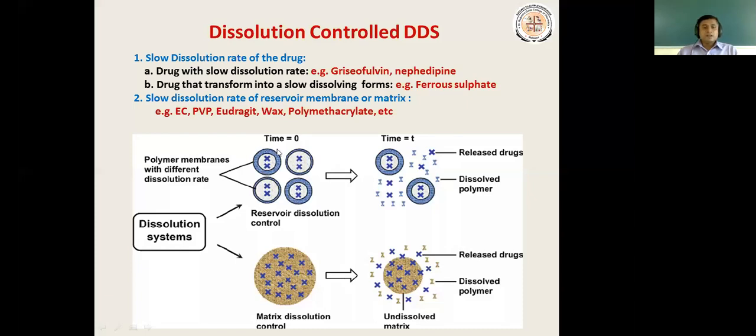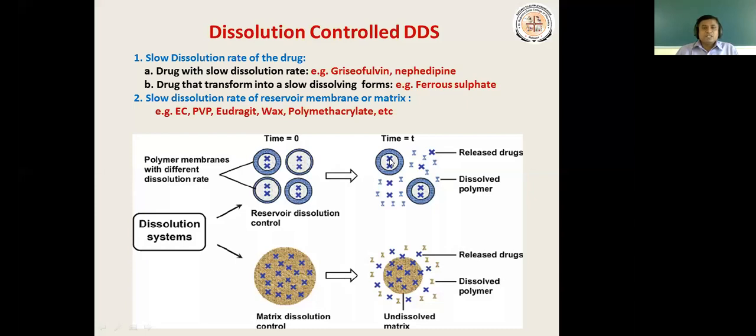This is the system at the initial conditions. When such a system is administered and comes in contact with the GI fluid, what happens? The outer layer slowly dissolves, and the drug present in the core material is slowly released. See here, this X indicates the release of the drug from the formulation. So the drug is slowly released by the mechanism of dissolution.